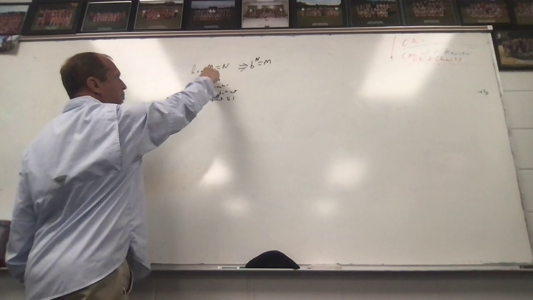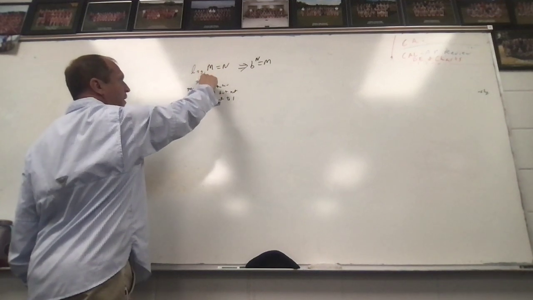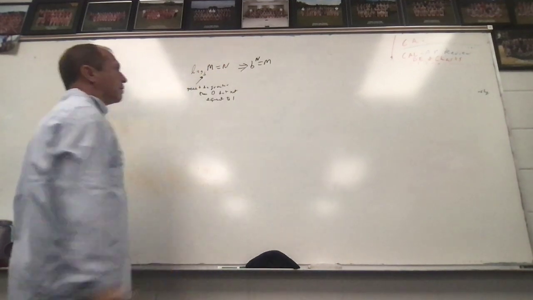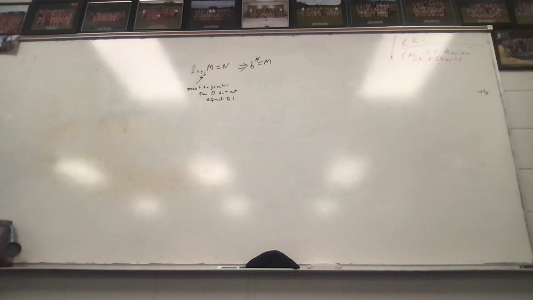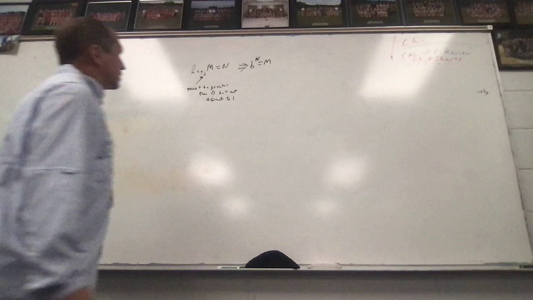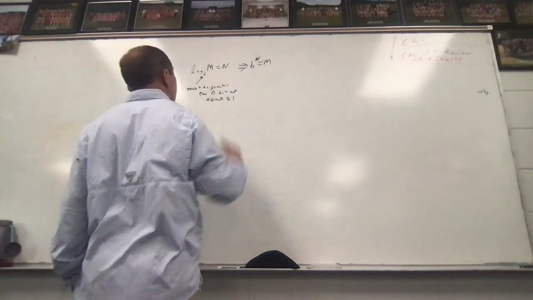It's not the log of b to the m. Now, if b is the base, why do you think b cannot equal 1? Because 1 to any power is just 1. So you would have infinite answers here for n.